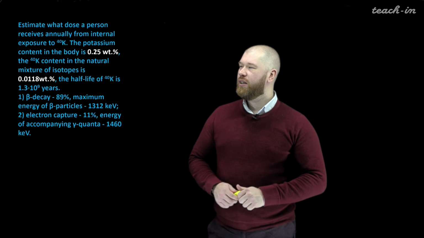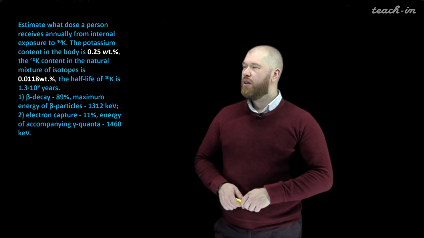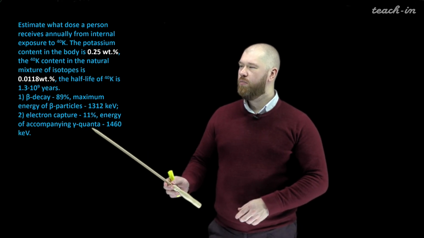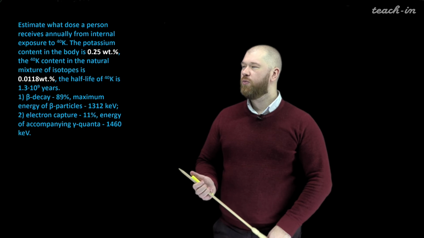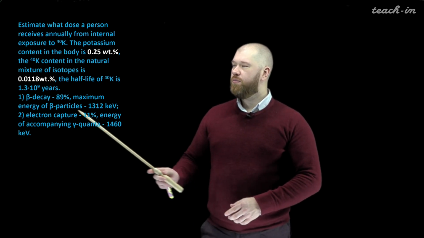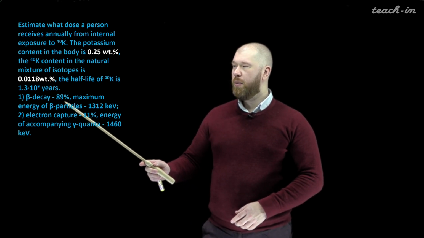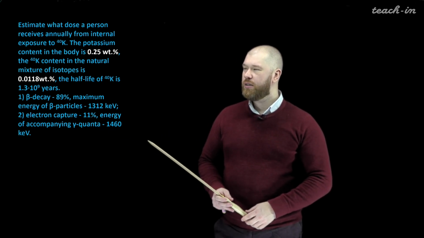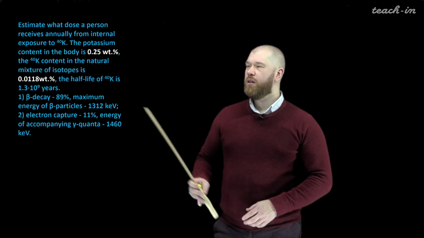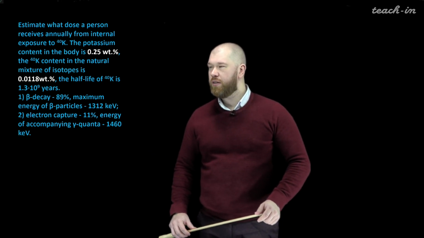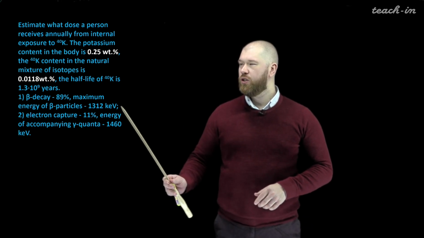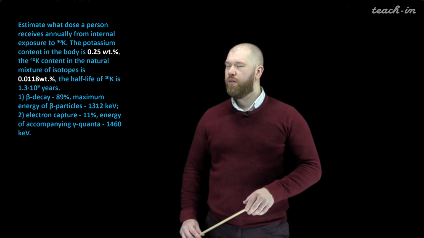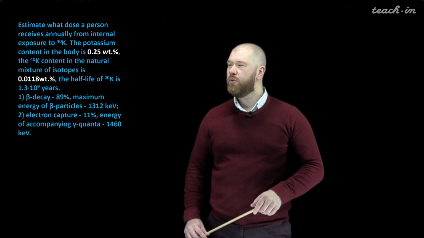There are also data about the decay modes, decay types of potassium-40. The main type of decay is beta minus decay with a probability of 89% and with the maximum energy of beta particles equal to 1312 kiloelectron volts.